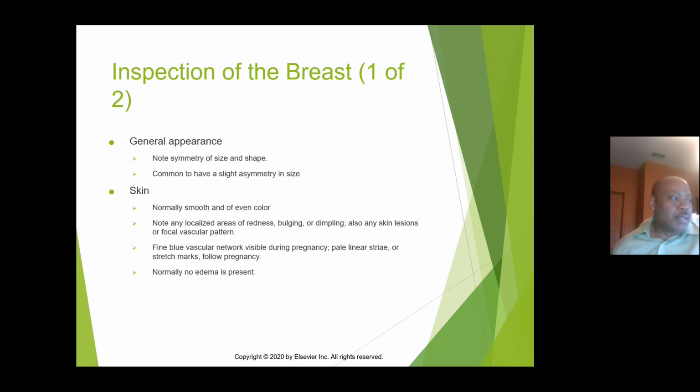So the third bullet point, a fine blue vascular network visible during pregnancy would also be normal in pregnancy. There's also pale linear striae or stretch marks that follow pregnancy. And of course, edema, the absence of edema would be desirable.